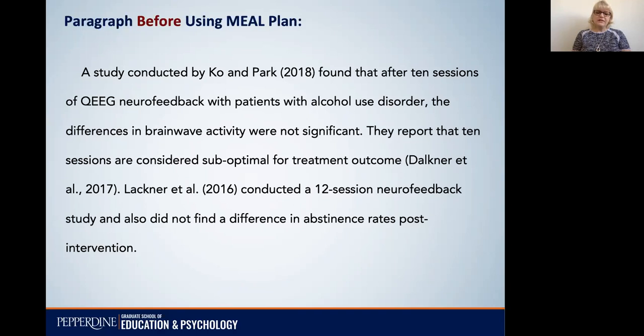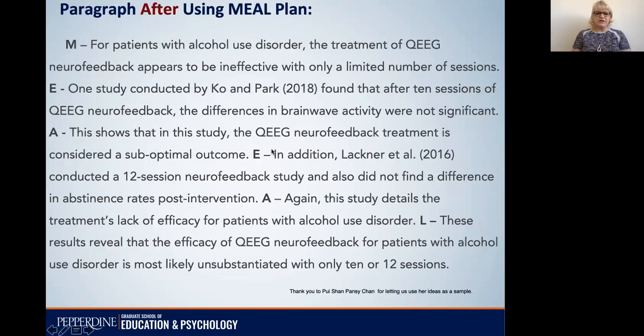They report that 10 sessions are considered suboptimal for treatment outcome. Lackner et al. conducted a 12-session neurofeedback study and also did not find a difference in abstinence rates post-intervention. So that's before the structure or this strategy.